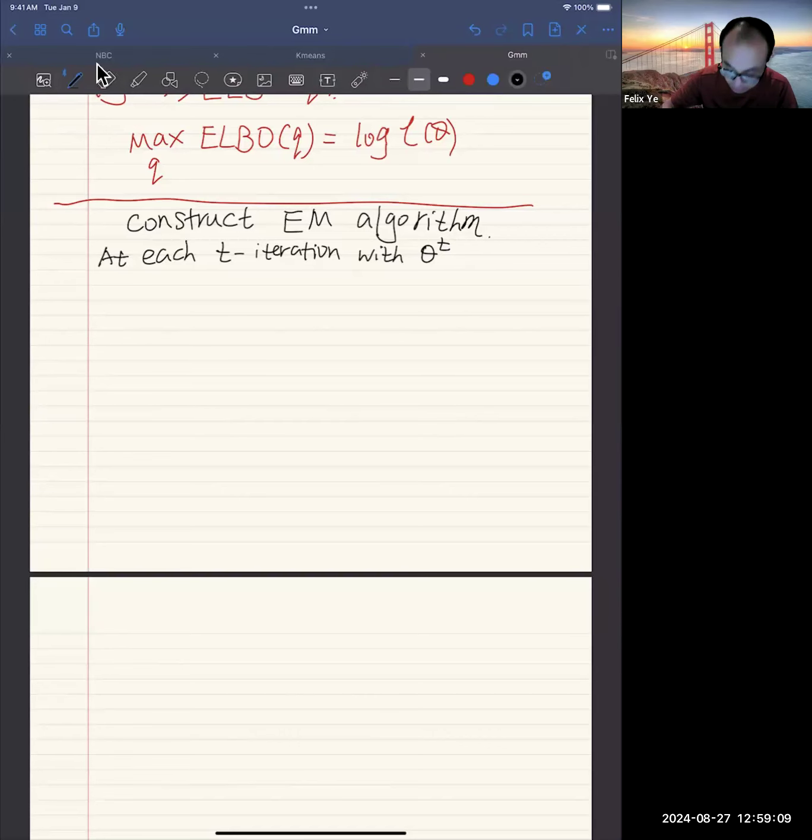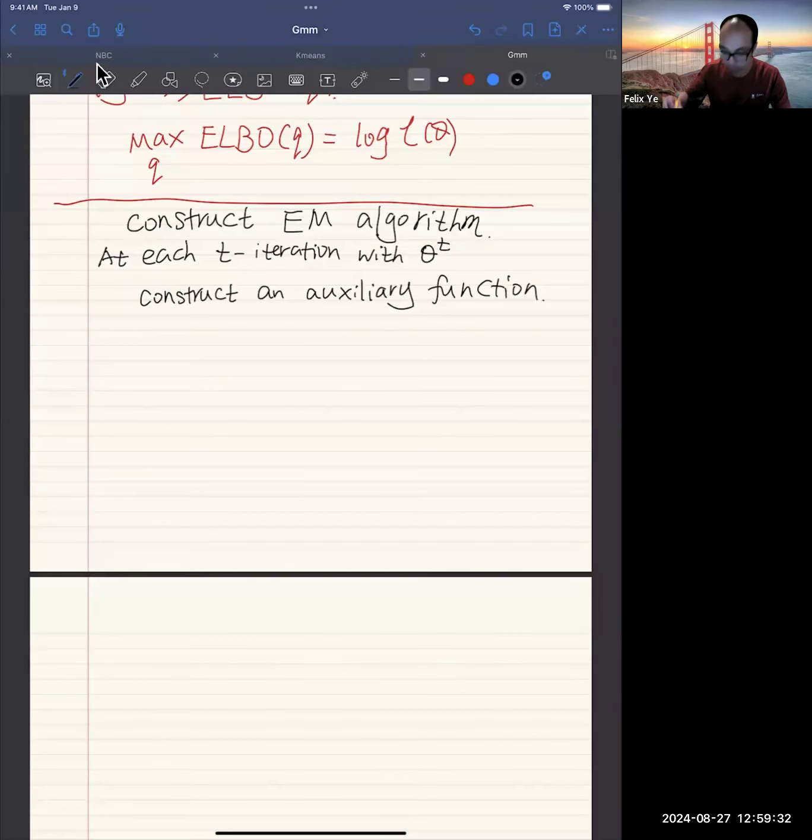I'm going to construct something called an auxiliary function, a function to help me, which I'm going to call Q. Q is a function of theta, but also takes input the current theta t here.